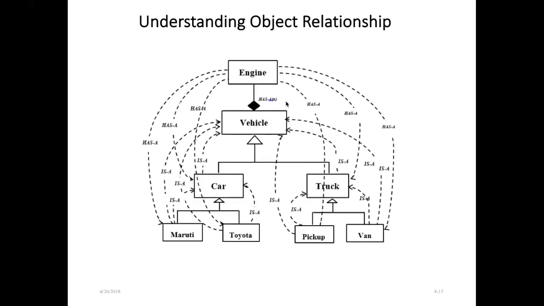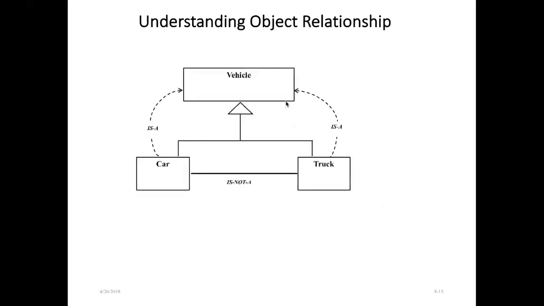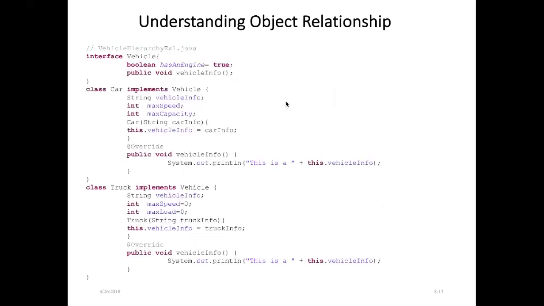We ensure that by using engine as an abstract method or abstract property. If vehicle has engine as an abstract property, then definitely a vehicle must have that engine. A minute ago, I showed you a program.